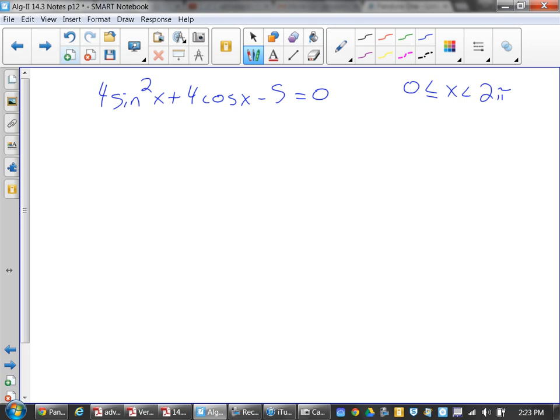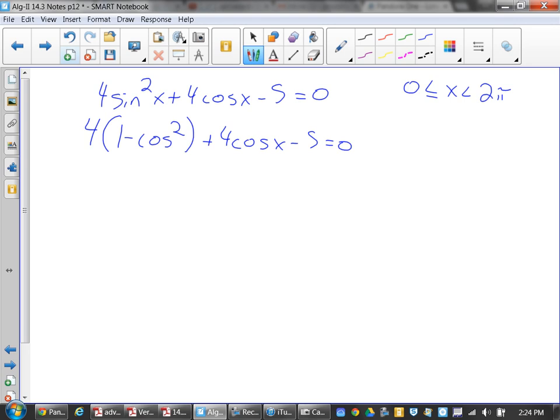So, which one am I going to rewrite? Sine squared. I'm going to rewrite sine squared in terms of cosine squared, because I have a singular cosine, and I can't do anything with it. So you take 4 times 1 minus cosine squared, plus the 4 cosine, minus 5. You use those little Pythagorean identities every once in a while to switch them around to solve the equation.